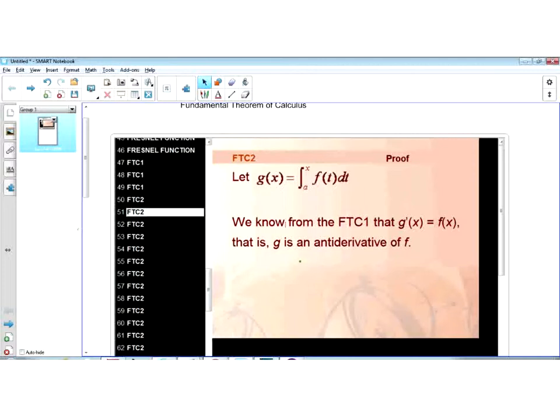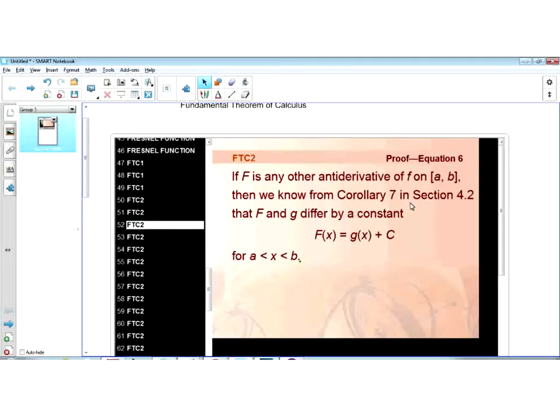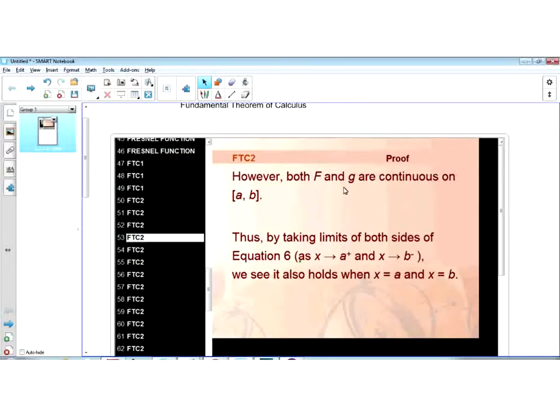If we let g of x equal to this, we know from the fundamental theorem of calculus part 1 that g prime of x is equal to f of x, where g is an antiderivative of f. If uppercase F is any other antiderivative of f on the closed interval a to b, we know from the corollary to the mean value theorem in 4.2 that F and g differ by a constant. Both F and g are continuous, and thus by taking limits of both sides of equation 6, it holds.